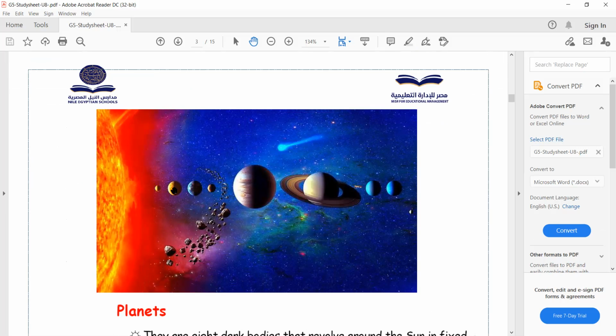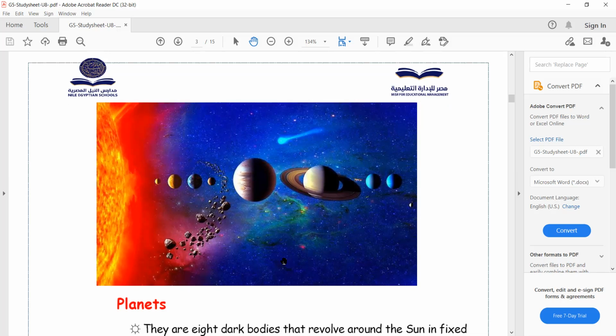Why? Because Venus is covered by a thicker atmospheric layer, so it absorbs and stores the heat energy from the sun. So its temperature is higher than Mercury's. So Venus is the hottest planet.